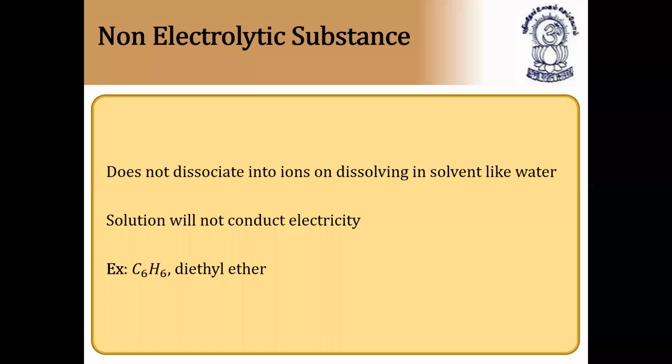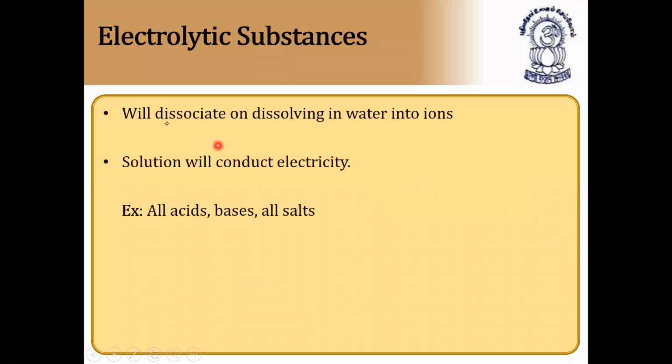Let us see now what an electrolyte is. Electrolytes are the substances which dissociate into ions on dissolving in water. These solutions will conduct electricity. All acids, bases, and salts are called electrolytes. Example, HCl is an acid, H2SO4 is an acid, and acetic acid is an acid.